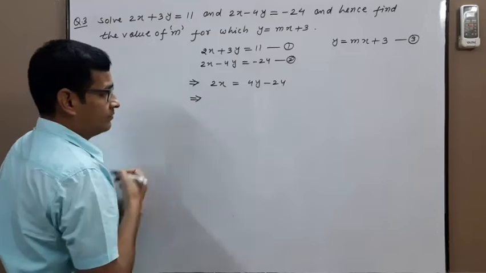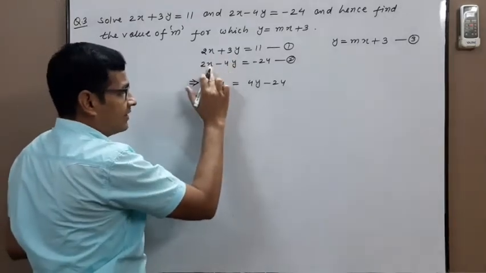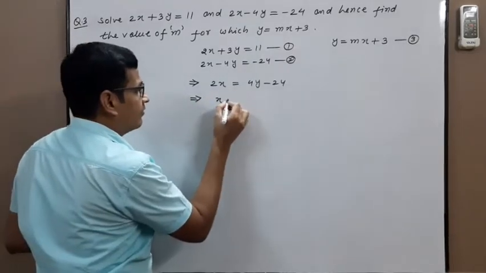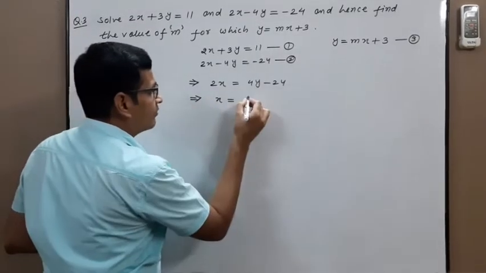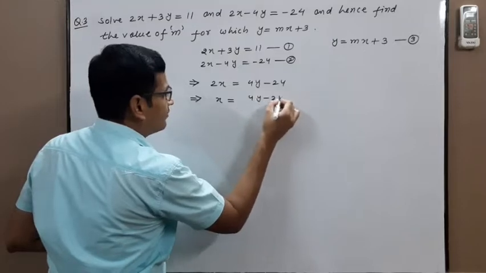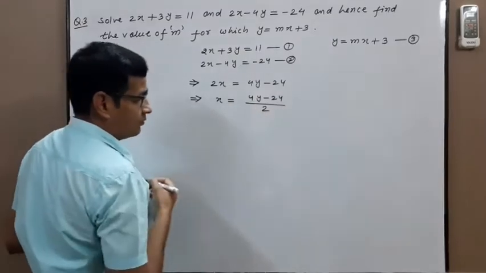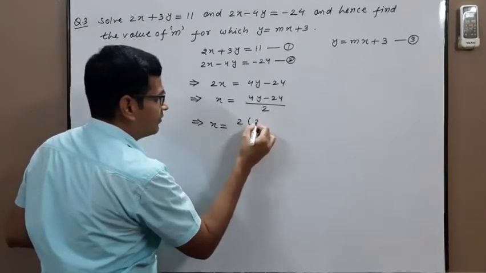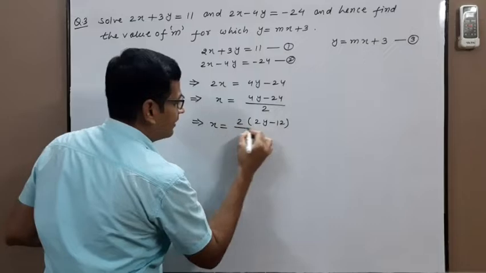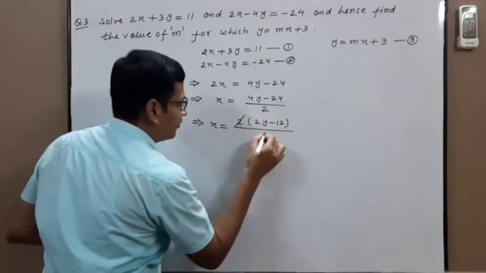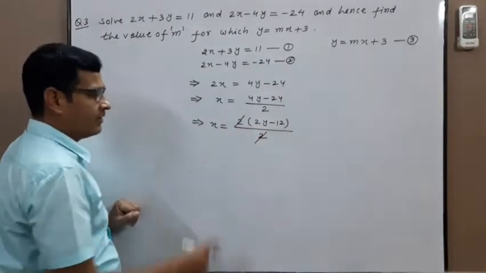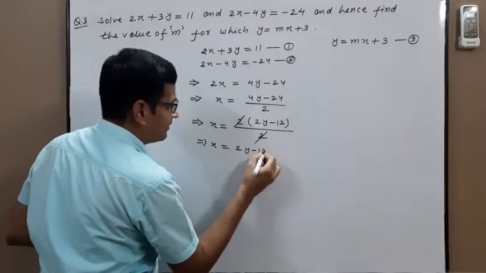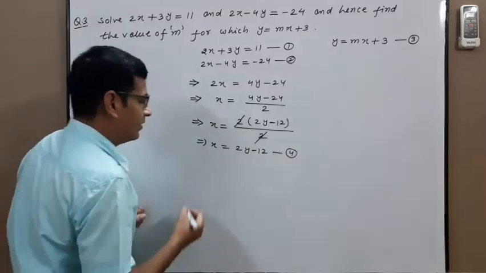Here we can easily find the value of x; if we find y, a minus sign will come. Now dividing both sides by 2. So x equal to 4y minus 24 upon 2, taking 2 common, we get 2y minus 12 upon 2. 2 and 2 cancel. So we get the value of x is 2y minus 12. Give it equation number 4.